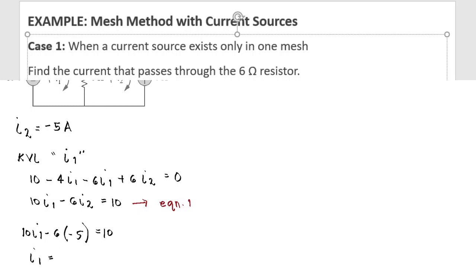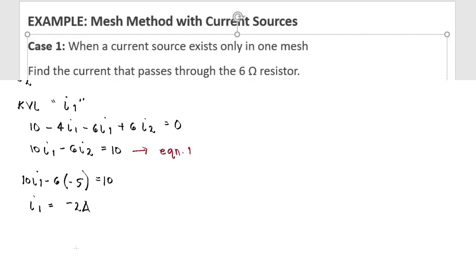I1 is equal to 10 minus 30 divided by 10. We have here negative 2, so the assumption for I1 is wrong. Negative 2 amperes. Now we are to solve for the current that passes through the 6 ohm resistor.